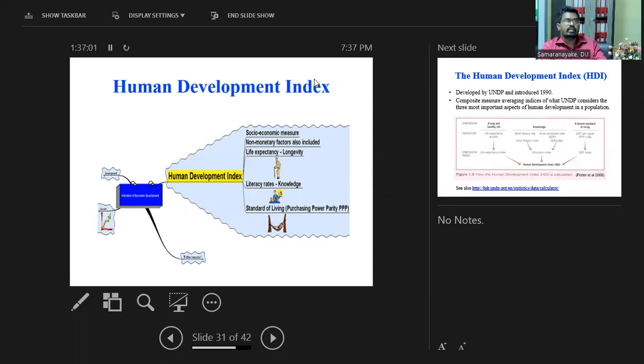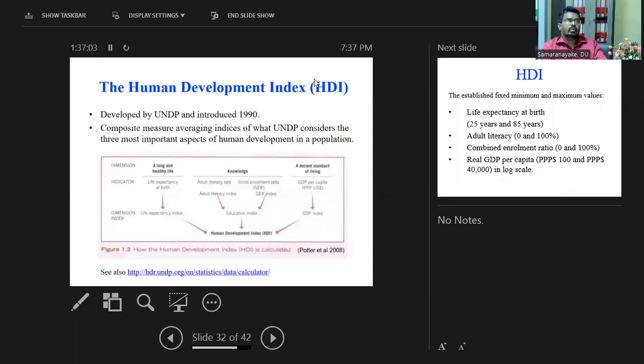This particular index was developed by UNDP. What does UNDP mean? Can someone say? UNDP introduced this index in 1990. What does UNDP mean?